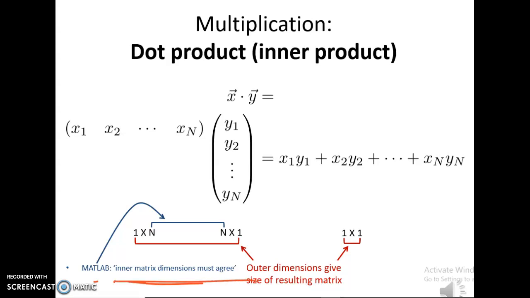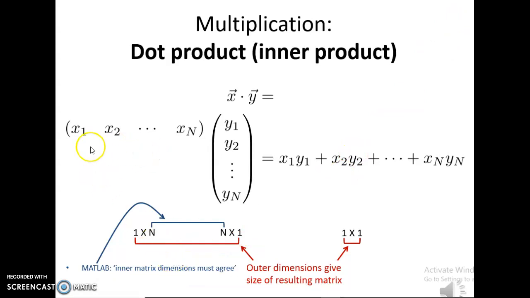Inner matrix dimensions must agree: 1 by n times n by 1, this n with this n. Outer dimensions give the size of the resulting matrix, that is 1 by 1.